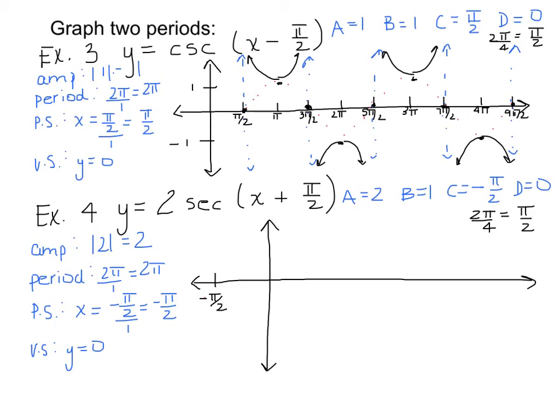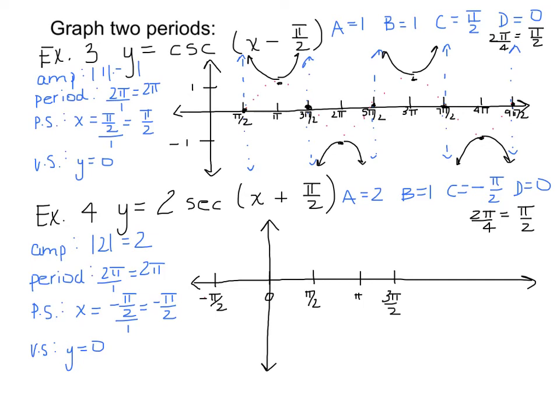So if you do a negative plus a positive, my second tick mark is going to be at 0. And then I'm just going to keep adding pi over 2. So that's one period.